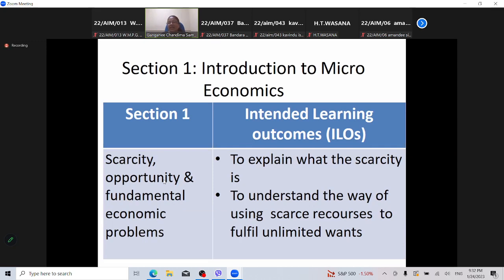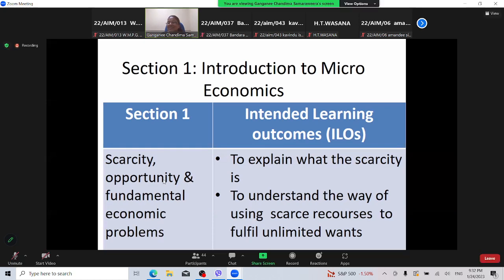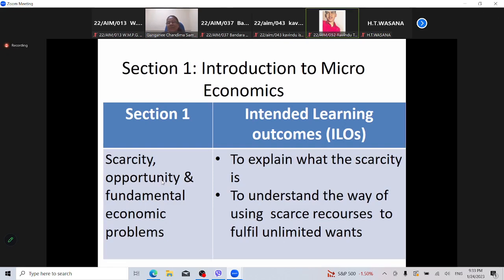We have many wants and needs, but we have abundant resources. Yes, Ravindu, I'm asking the fundamental economic problem we discussed here.